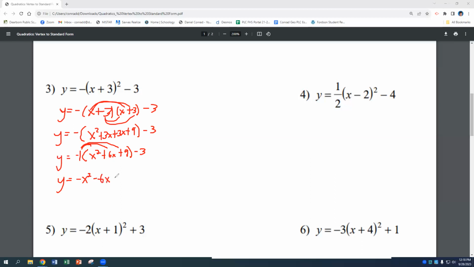And -1 times 9 is going to be -9. And now I have a -3 at the end. So my last step is just to simplify everything that's now outside the parentheses, because the parentheses are gone now because we distributed that -1. So -x squared minus 6x minus 12 is going to be my final answer there.